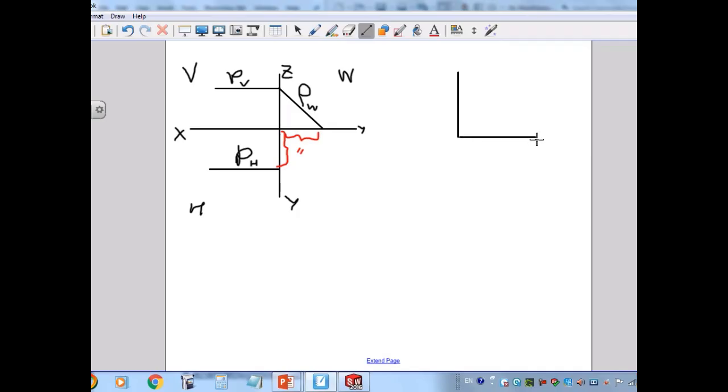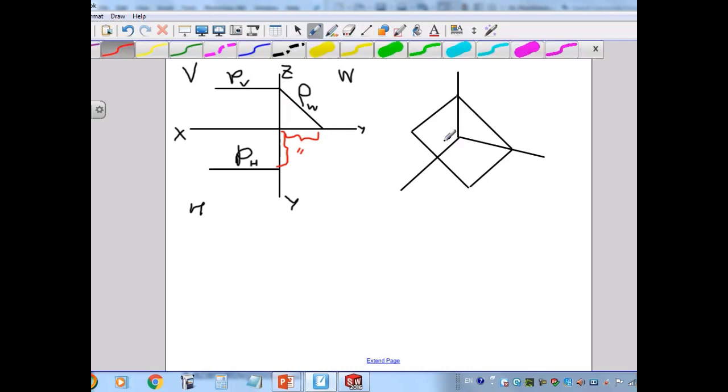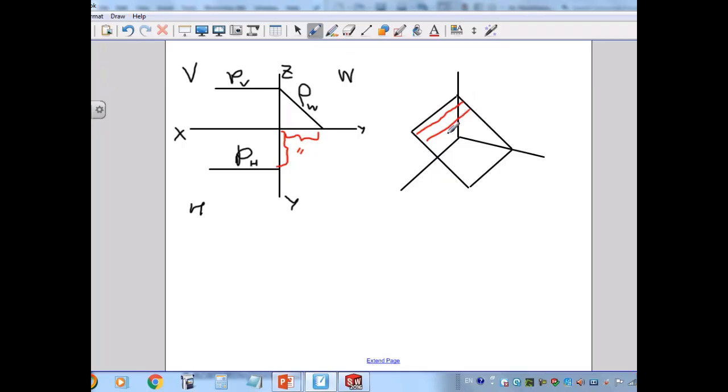So say this one is the 3D space. It has a slope here. So this is the given P plane. P plane is this, but this one is a trace, PW.